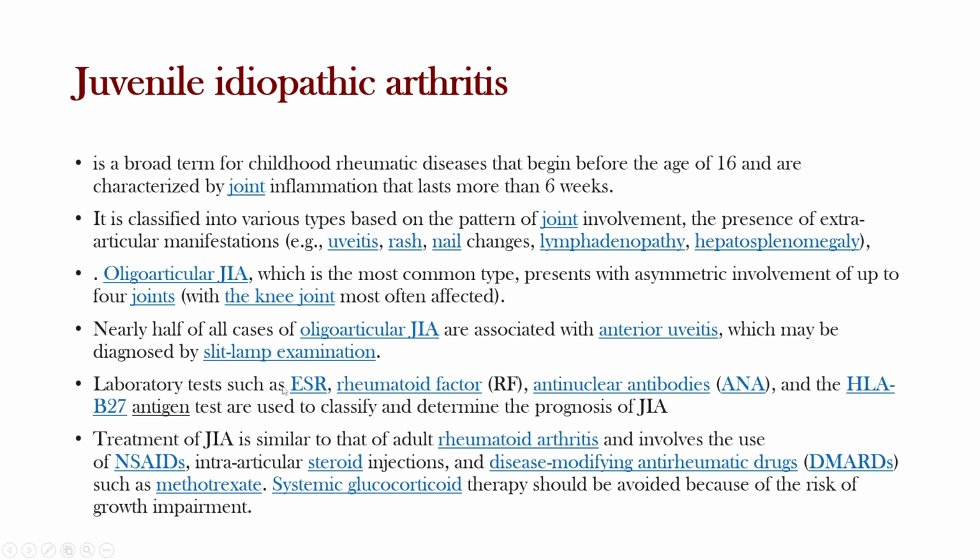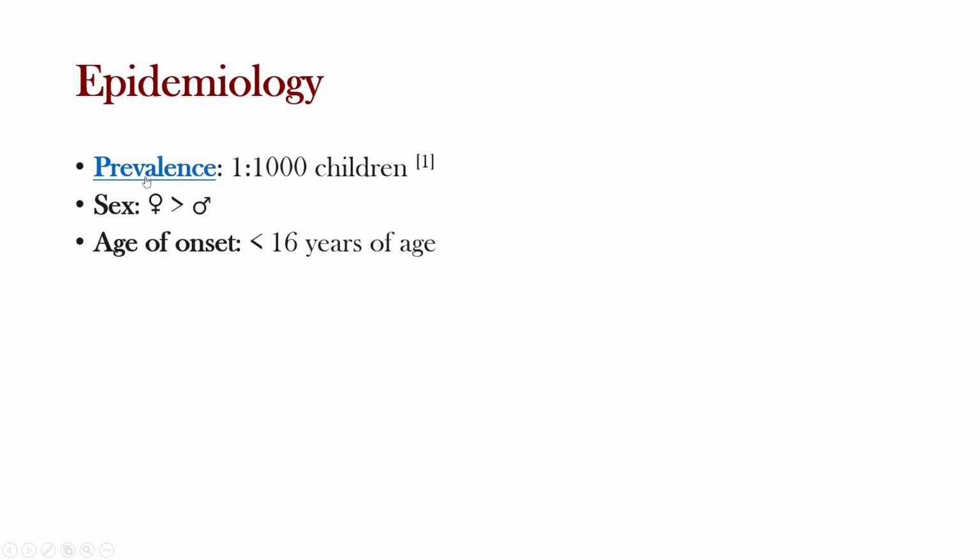Lab tests such as ESR, rheumatoid factor, anti-nuclear antibodies, and the HLA B27 antigen are used to classify and determine the prognosis of juvenile idiopathic arthritis. We'll speak about the treatment later, to be honest. This is just an overview summary about the topic and the things that we'll cover today.